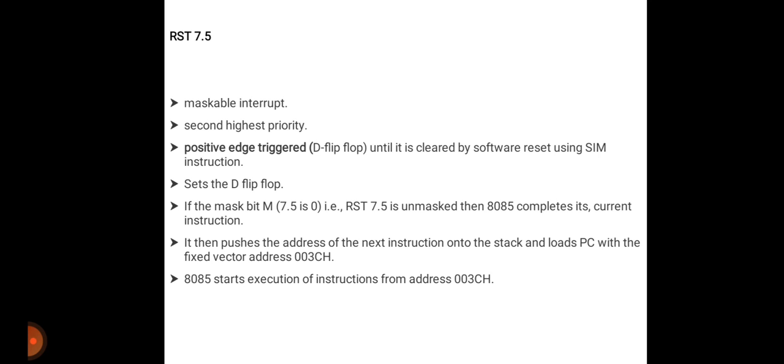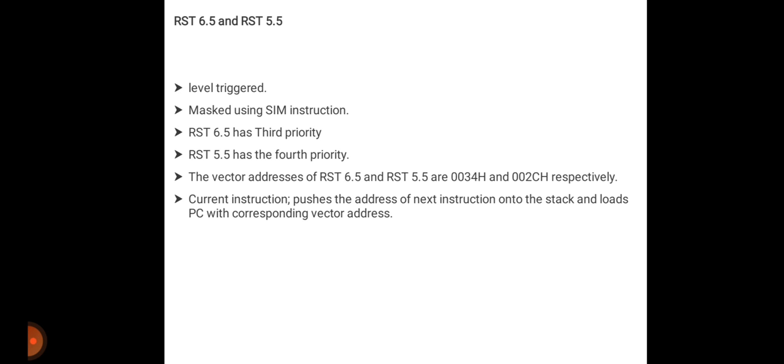This is overall about RST 7.5. The next ones are RST 6.5 and RST 5.5. Both are level triggered, and this type of interrupt in 8085 can be masked using the SIM instruction. RST 6.5 has the third priority and RST 5.5 has the fourth priority.